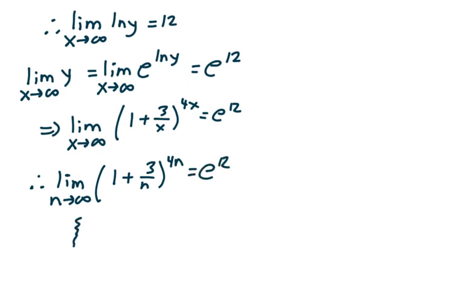And so this sequence here, (1 plus 3 over n) to the 4n, must converge to e to the 12th. And that's how we do 1D.